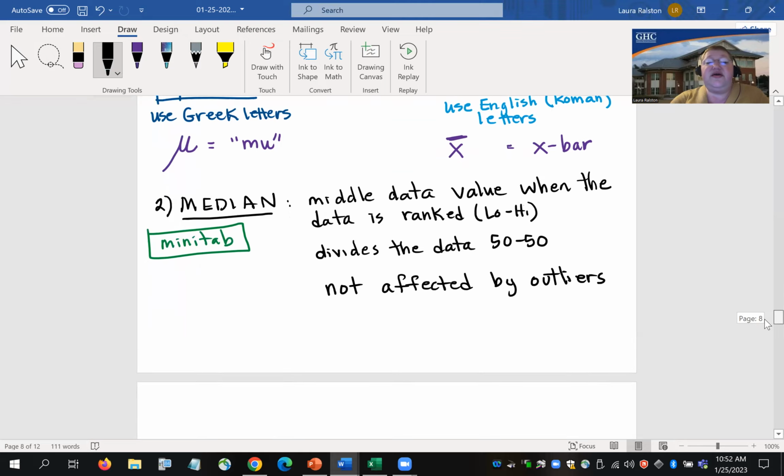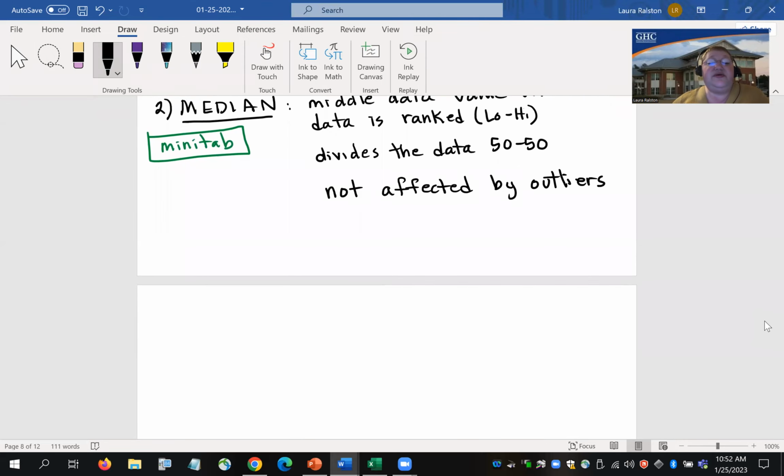The third measure of center is the mode. The mode is the data value that occurs the most.